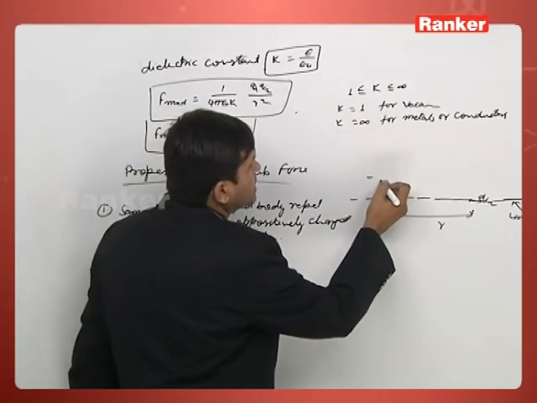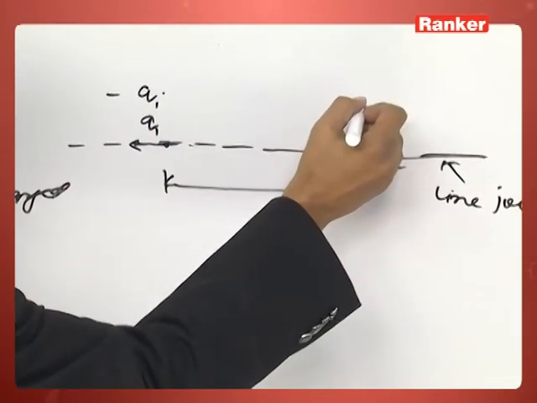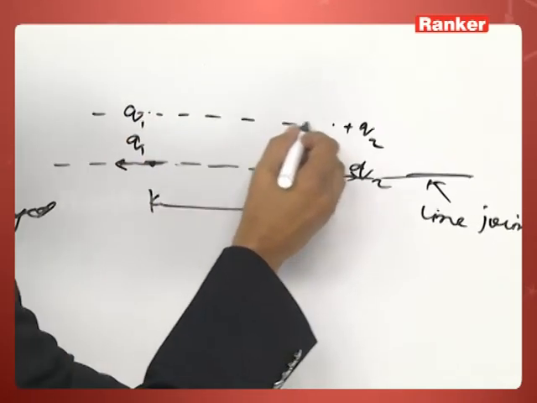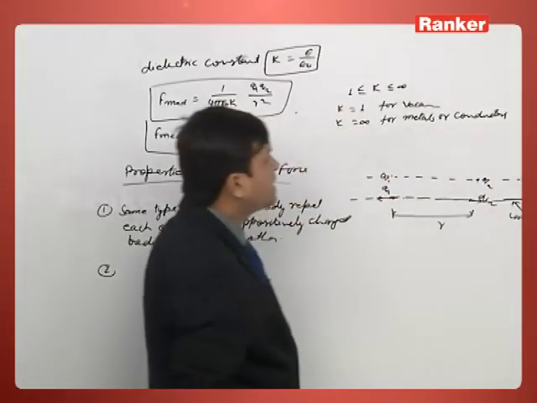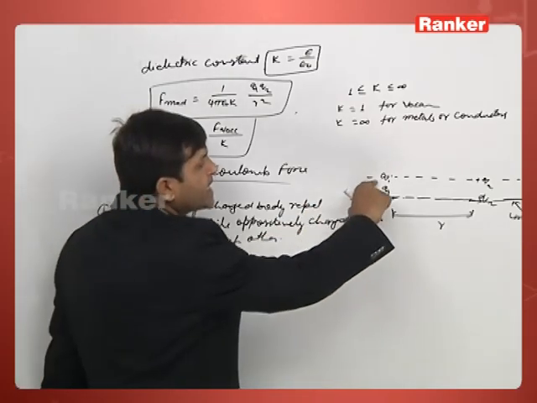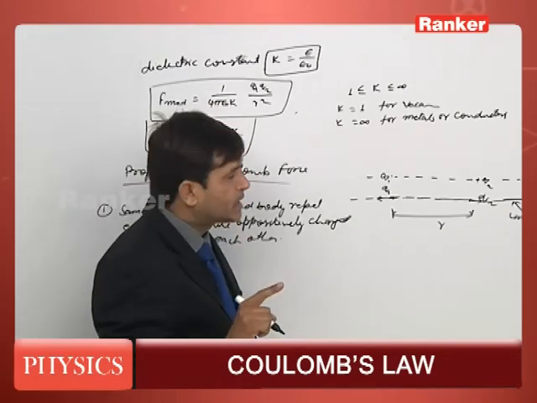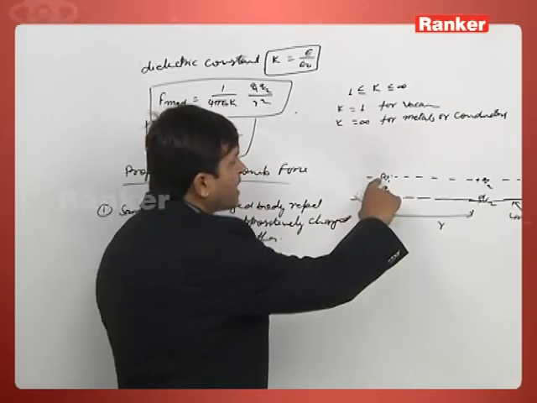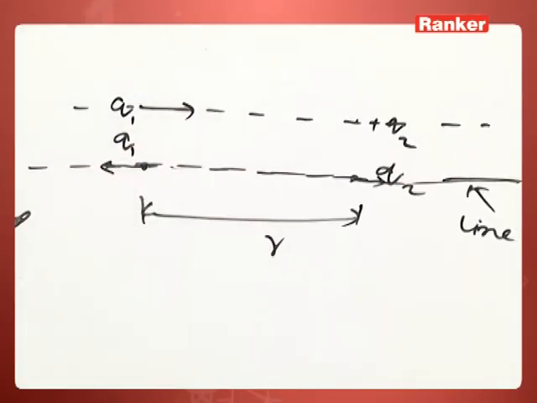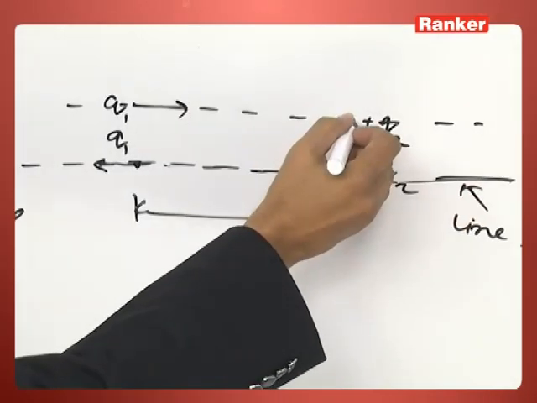Let this q1 charge be minus q1 and the q2 charge plus q2. Then also the force between these two will be along the line joining the two charges. One is negative, the other positive, so a force of attraction will be there. Minus q1 experiences force applied by q2 in this direction, and plus q2 experiences force applied by minus q1 in this direction.